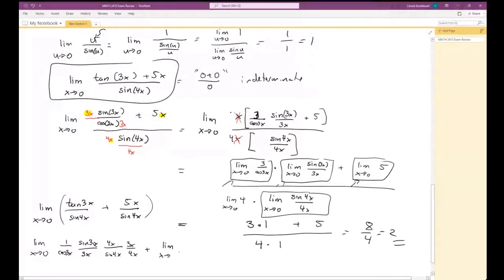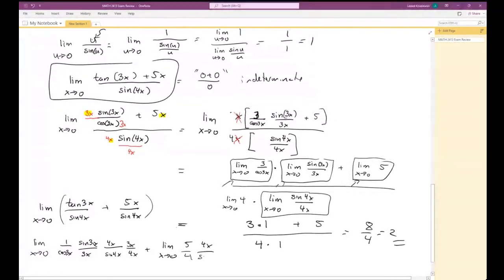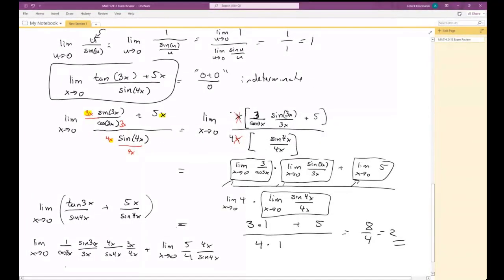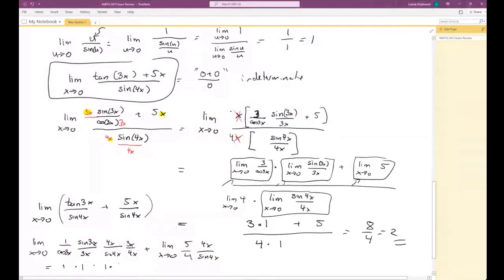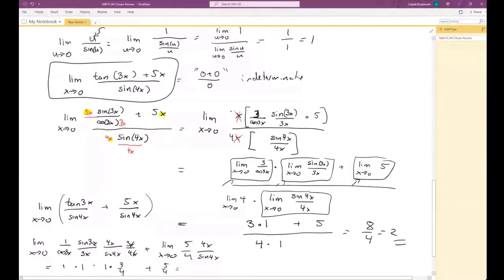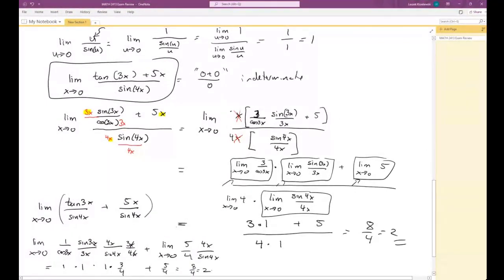I like it. So then we introduce a 4 on top and bottom. If we get a different number here, I'll be ashamed. So you get 1 at the limit. This is 1, and this is 3/4 plus 5/4. So that's 8/4. That's still 2. So I'm happy about that.